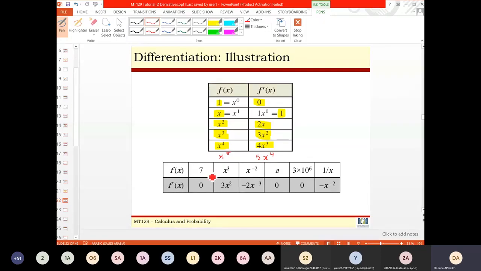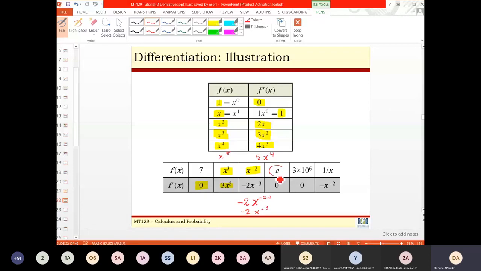One more table. What's the derivative of 7? 0. What's the derivative of x cubed? 3x squared. What's the derivative of x to the power minus 2? Derivative of x to the power minus 2 is minus 2x to the power minus 2 minus 1. So this is minus 2x to the power minus 3. Yeah.